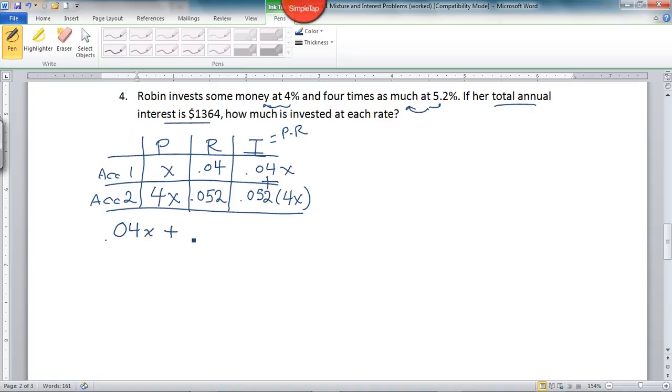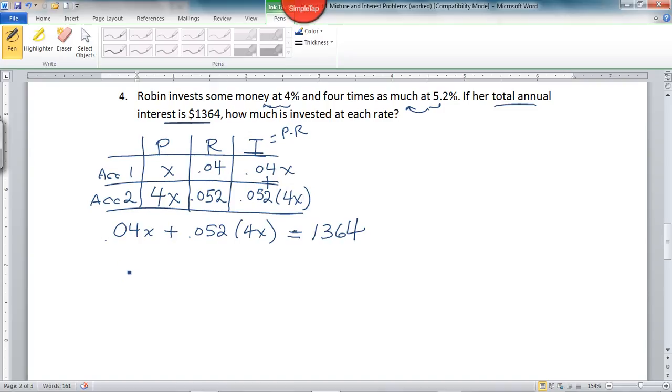So if I add those two expressions together, that's going to equal my total interest, $13.64. There's our equation. Solve that out, and we'll find our value of x.